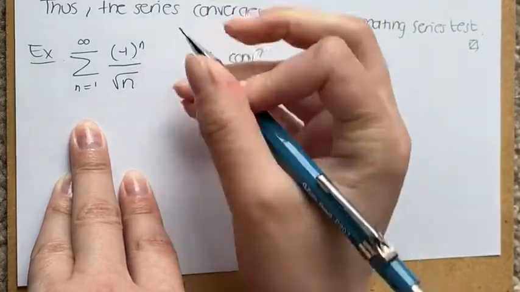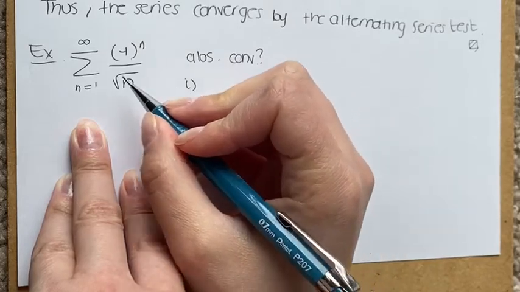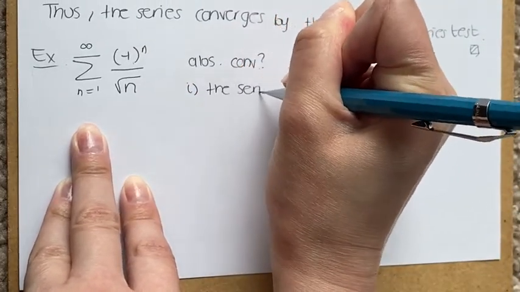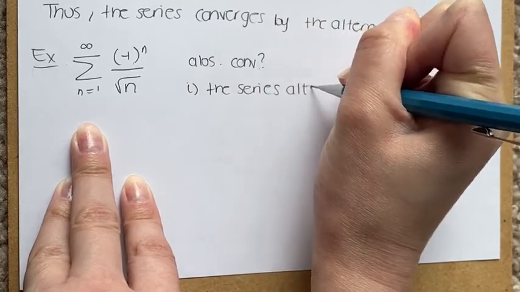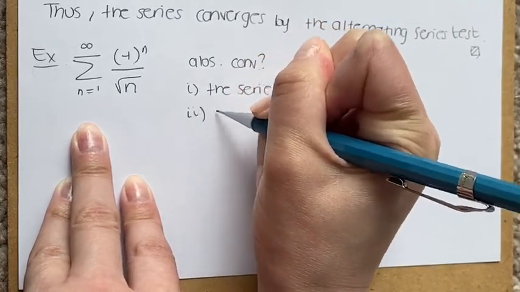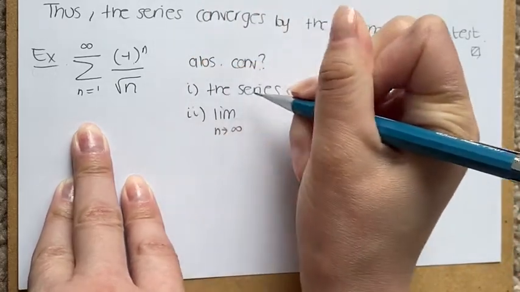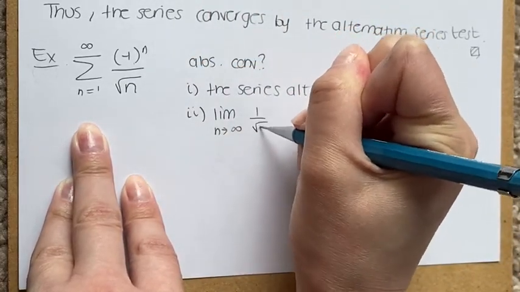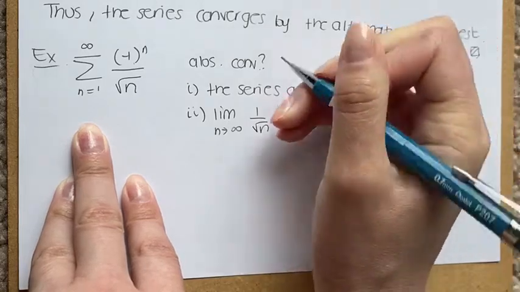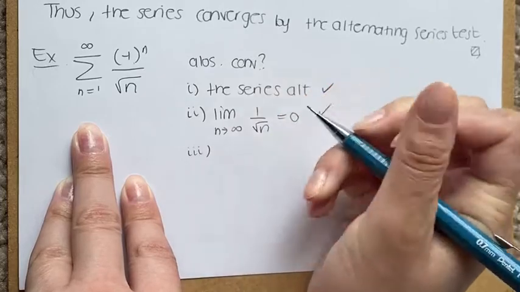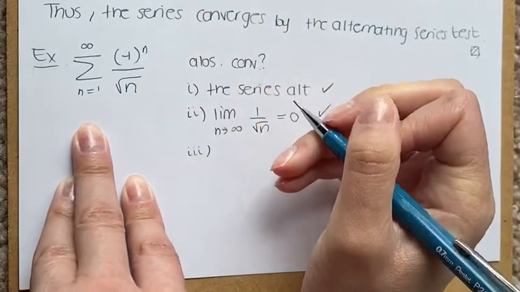First condition, what was the first condition? Is the series alternating? Yes. So the series alternates. Check. Second condition, is the limit of the rest of my series, aka this, equal to 0? Indeed, this is true. And then the third condition that you have, is it decreasing in magnitude?